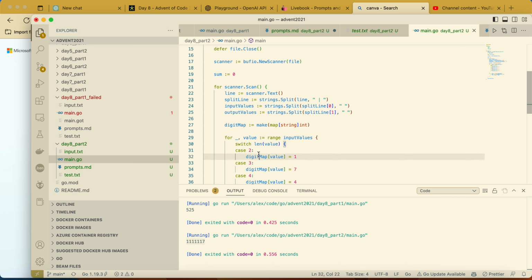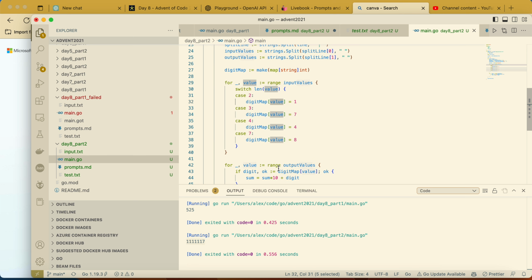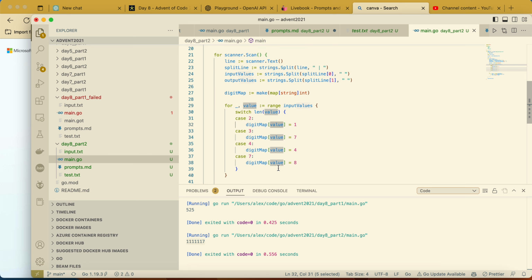We have digit map. In here we're checking, okay, that's 2, and we know that that's 1, that's 3, that's 4. And we're doing 1, 7, 4, and 8 for all of these cases.